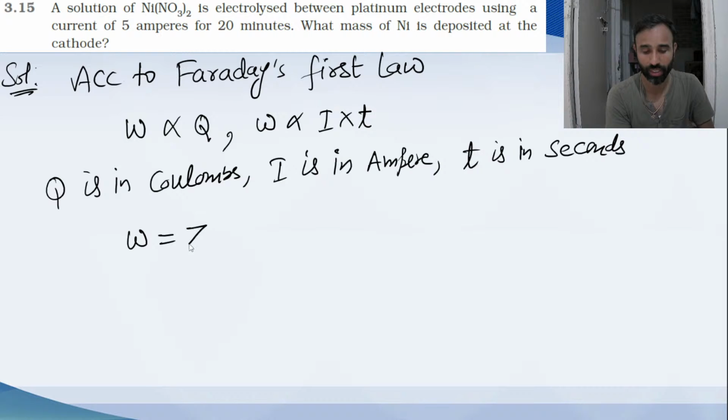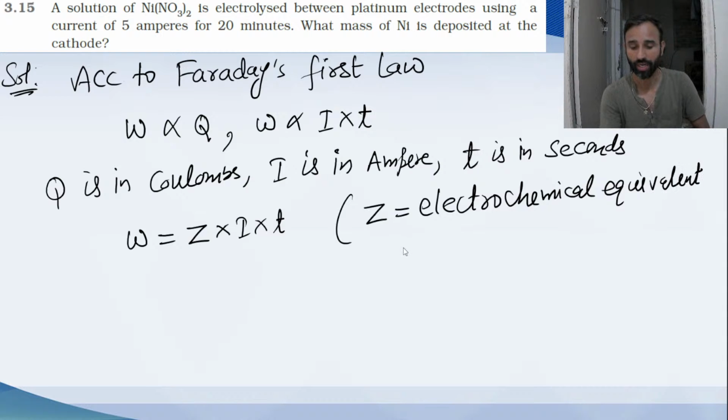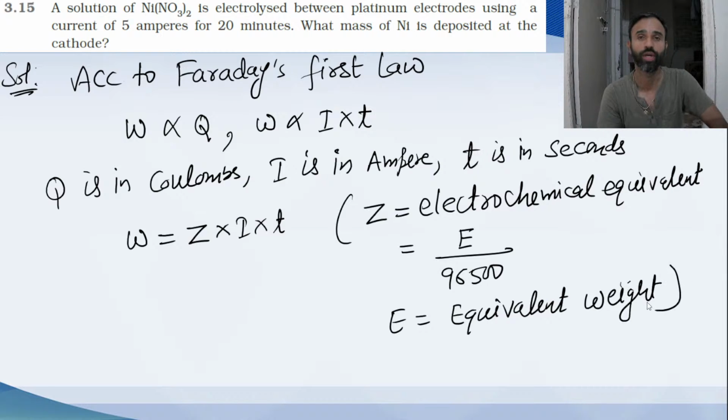And the constant of proportionality is Z, that is the electrochemical equivalent, and its value is equivalent weight over 96,500, E over F. E is equivalent weight.